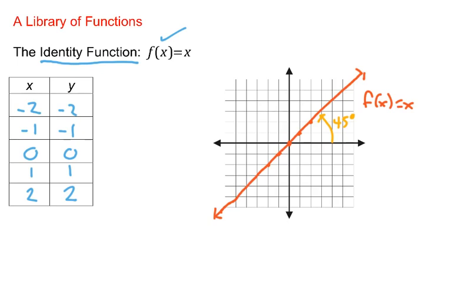And actually, even if you had not plotted points, you might have recognized that this graph falls into the general form for a line. If you think about slope-intercept form, this is slope-intercept form where the m happens to be 1 and the b is 0. So that would be a line with a y-intercept of 0, and that definitely is the case, and a slope of 1.